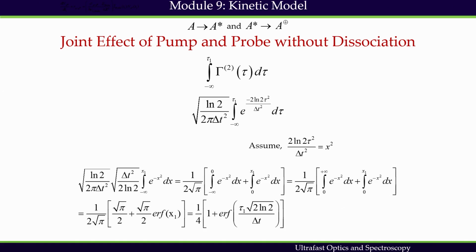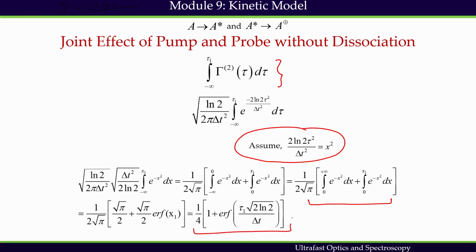So, the integral becomes minus infinity to tau 1, and here we will assume that this part to be x square, following the same method which we have used previously to get the error function. Finally, we get the error function, and if we plug that in, then finally we get this expression for the error function from this integration.